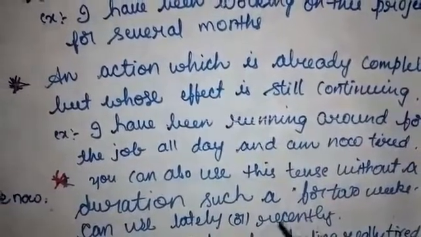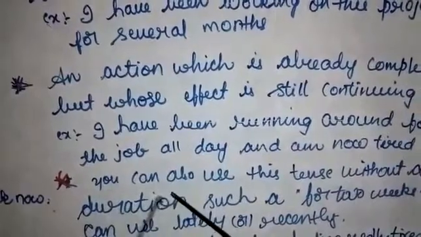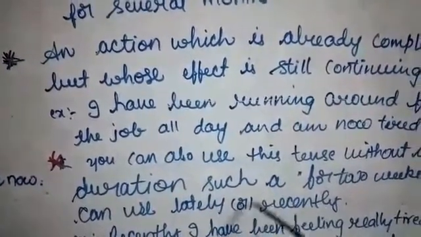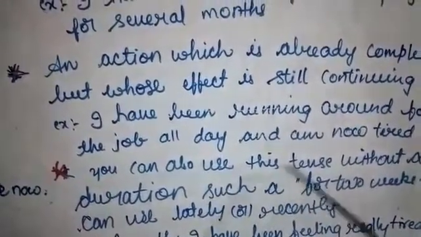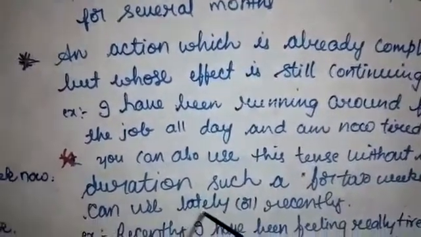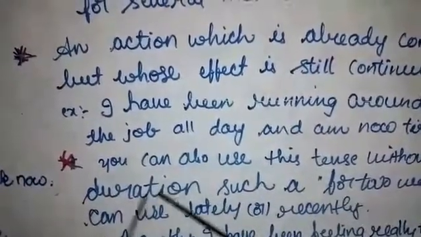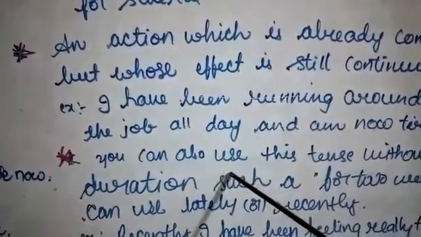But without using this word for to indicate duration, we can use lately or recently. In some cases, we can use these two words instead of for to denote duration of time in this tense.